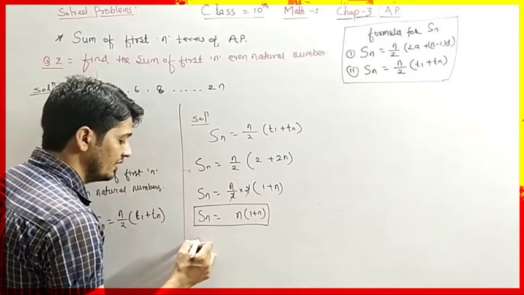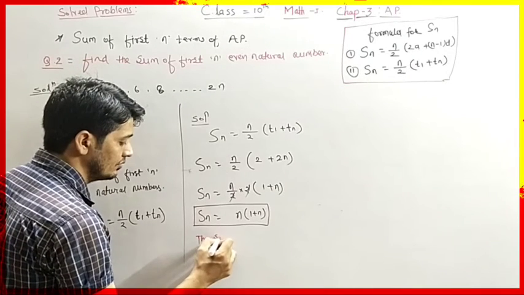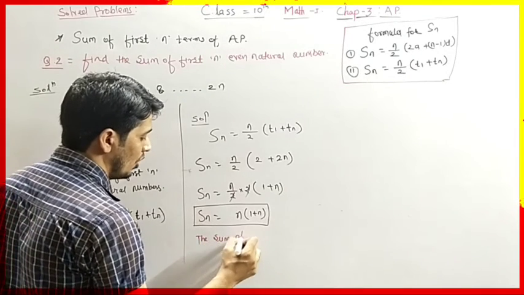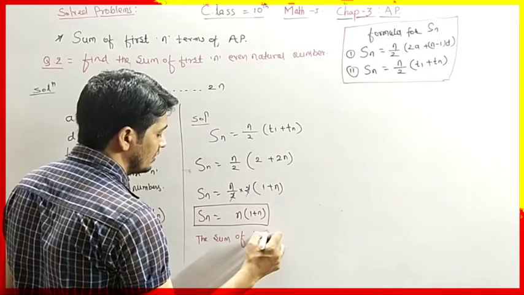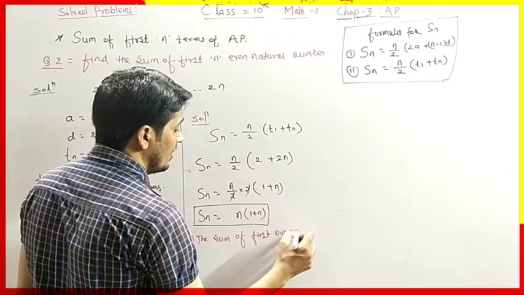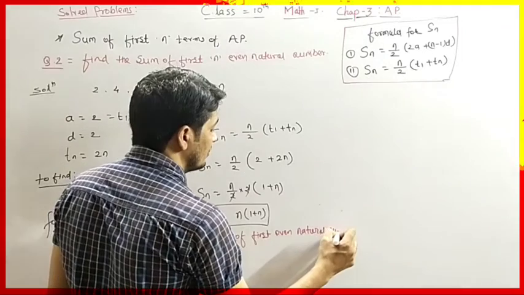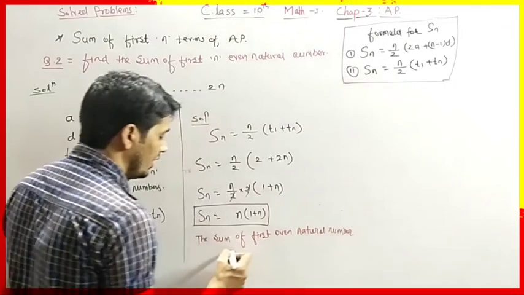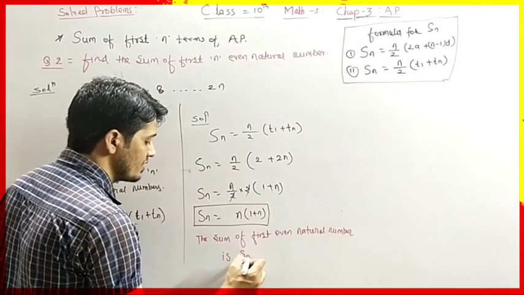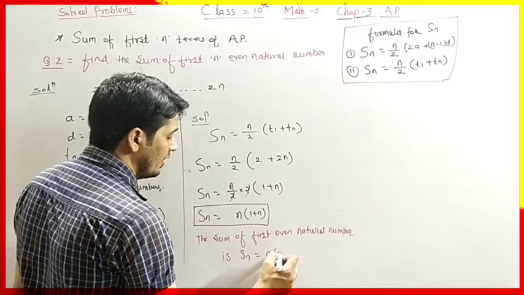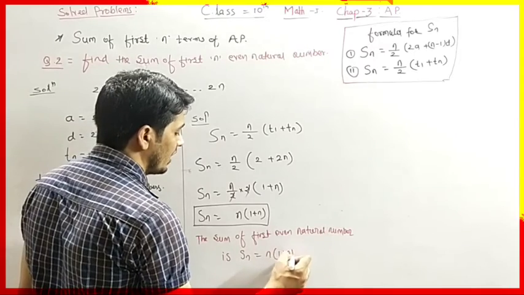So what will be the result? The sum of first n even natural numbers is Sn equals n into 1 plus n.